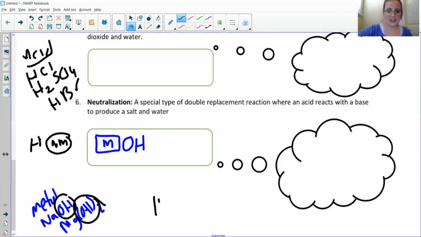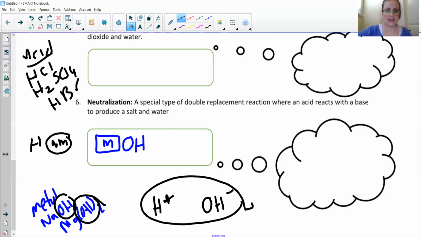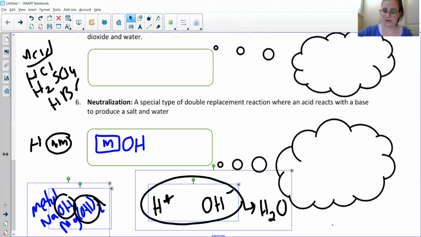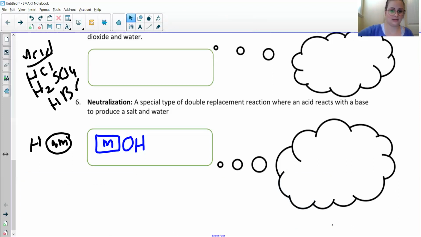So you have an H from your acids breaking off, you have an OH with your bases breaking off, and together, what does two hydrogens and an oxygen form? They form water. So when you have an acid and a base, it is a double replacement reaction, but it is a special one, and it involves special notifications.